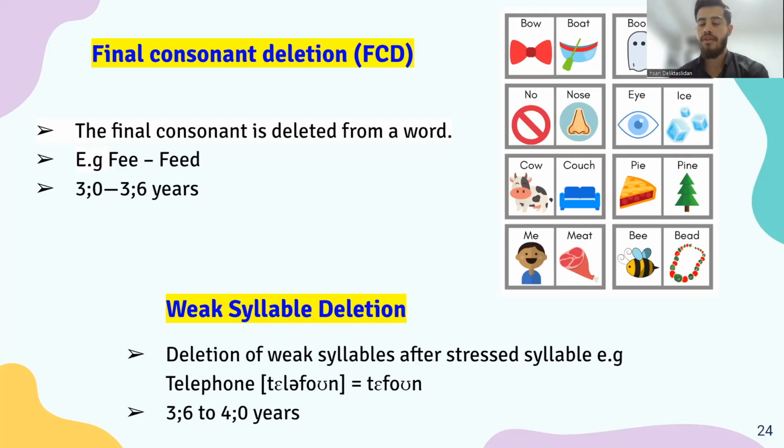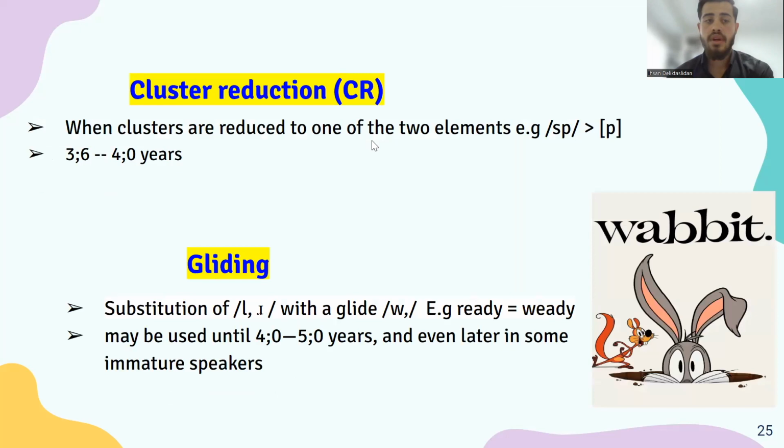Let's take a look at a few more. We've got cluster reduction. So when clusters are reduced to one of the two elements. For example, sp would become p. Again, most children are expected to produce clusters by the ages of 3.5 to 4 years old. One of our final ones is gliding.